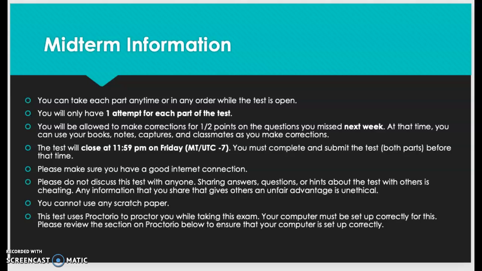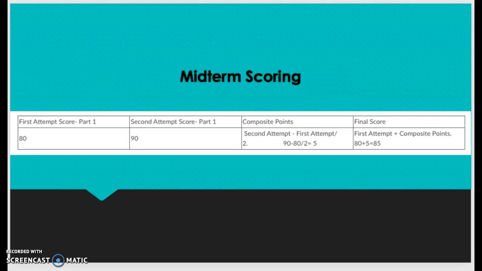So please make sure that you are being honest and you're following the BYU honor code. You cannot use any scratch paper or any other resources. And again, like I said, this test does use Proctorio. So make sure that your computer will be set up ahead of time, and you can review the section on Proctorio that is in the midterm before you actually start it.